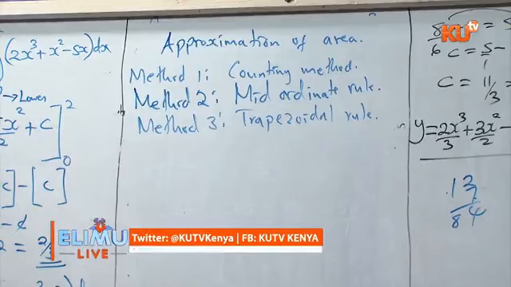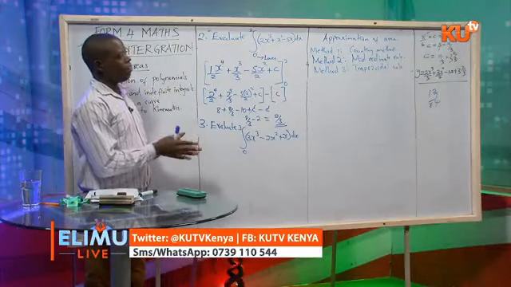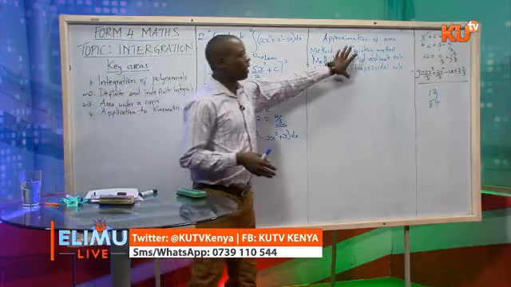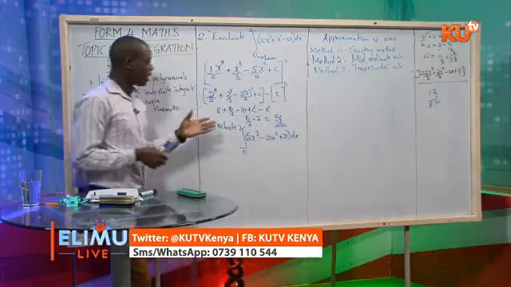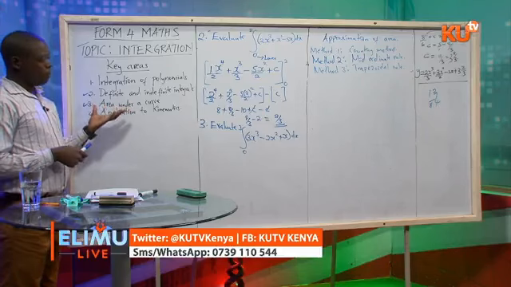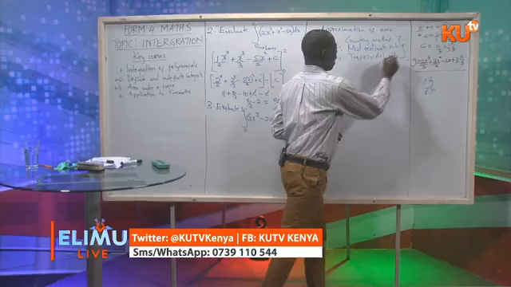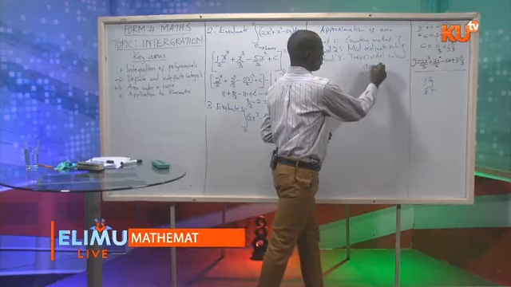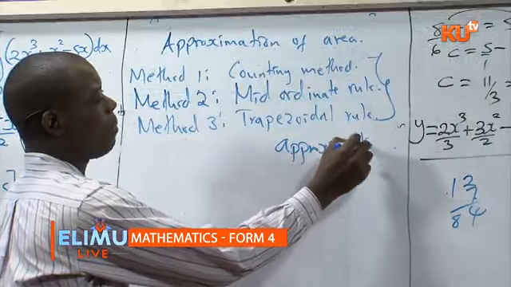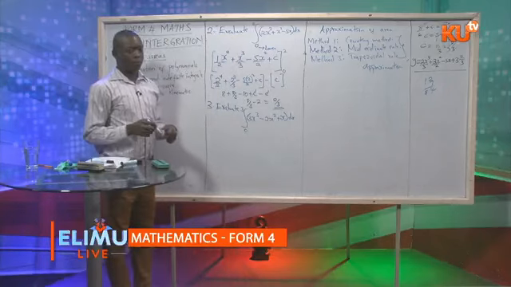Those are the 3 methods that are covered in area approximation. And so after we've looked at this in topic 9, now in topic 10 we look at integration, which is area under the curve. You'll find that these 3 methods are mere approximations.